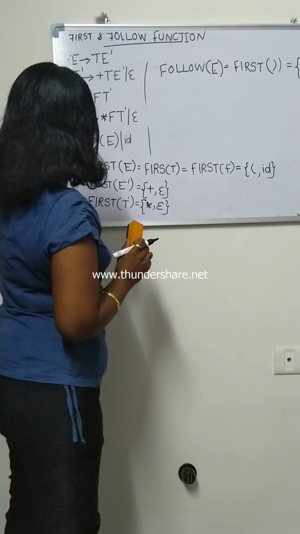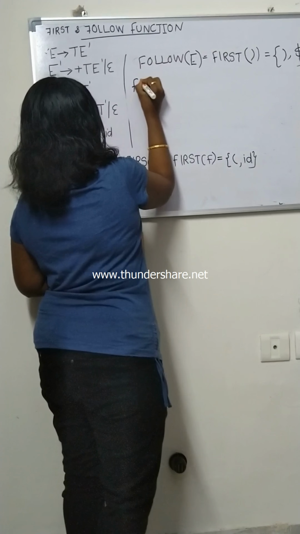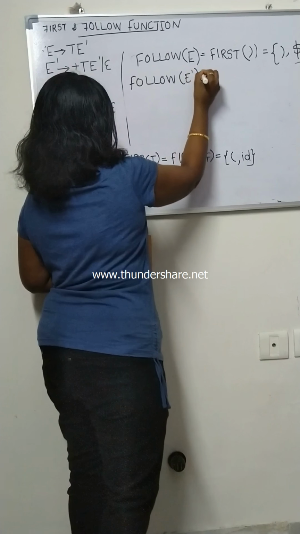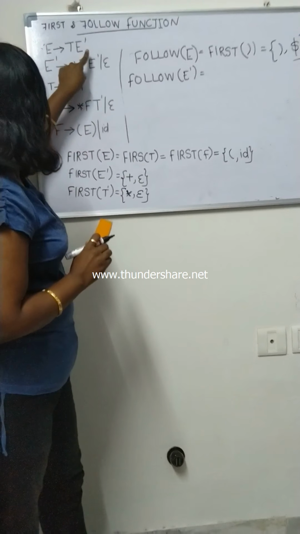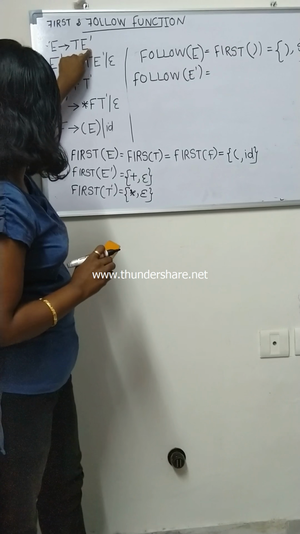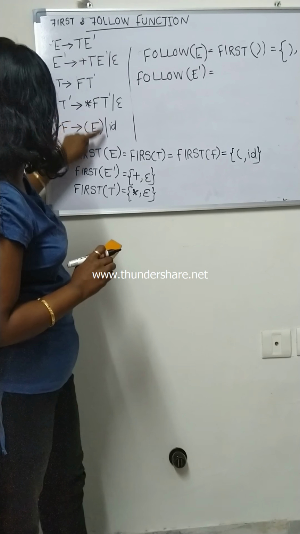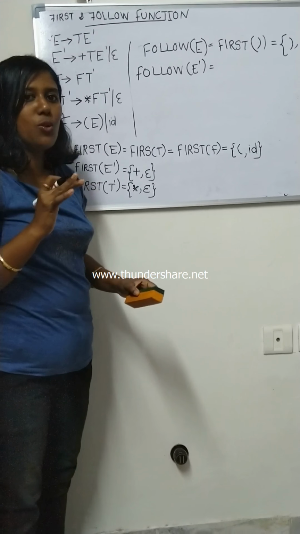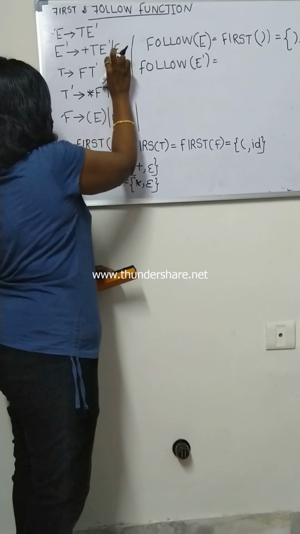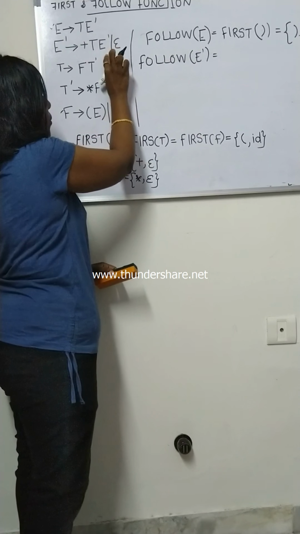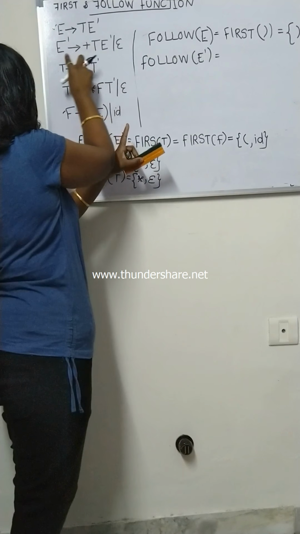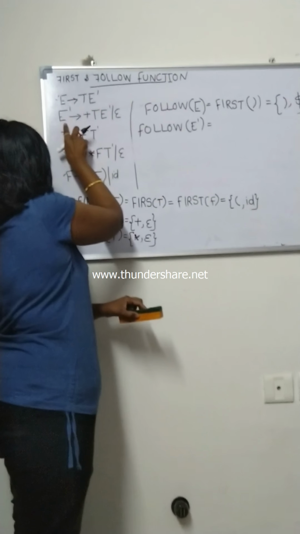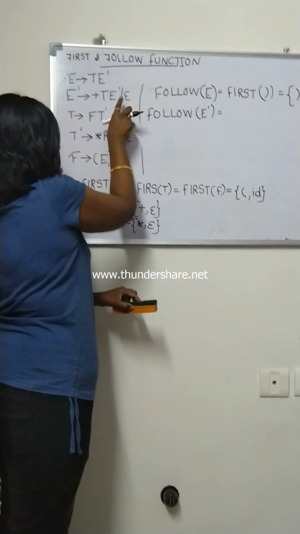Now I am going to complete E dash. So follow of E dash. E dash is in the first production as well as in the second production. Followed by E dash, is there any value? There is no value. Coming to the second production, followed by E dash, is there any value? No value, because here it is two productions: E dash derives plus T E dash, and we have one more production, E dash derives null value.